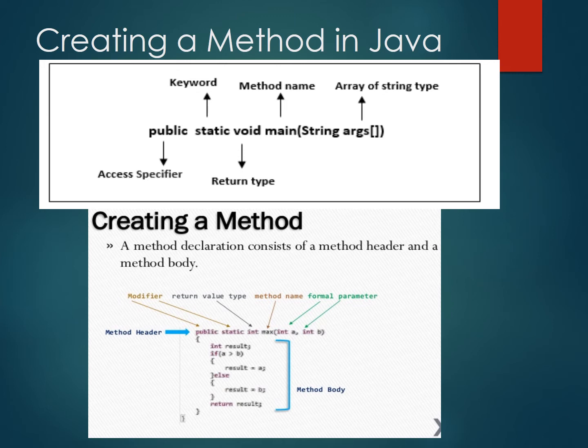The body of the method max is enclosed in the opening and closing curly braces. The body tells the functionality or the operation of a method, what the method is going to do, what the task of the method is, why we have created this method.